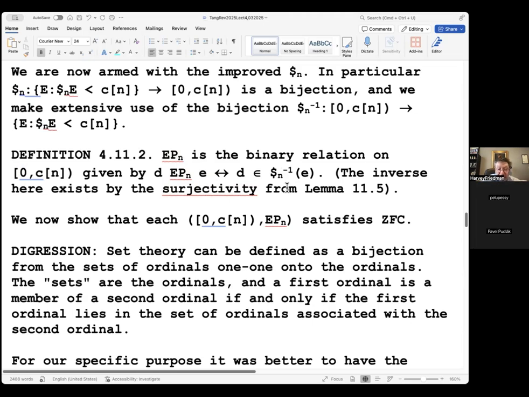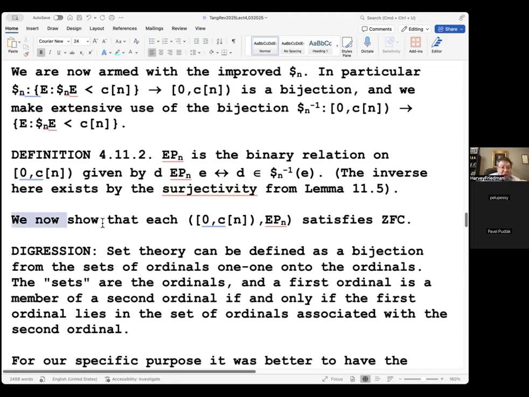So D is related to E if and only if D is an actual member of the set associated to E, associated by taking the inverse. And the inverse exists by the surjectivity. Remember, we set $n to be double $n, which is forced to be surjective. Okay.